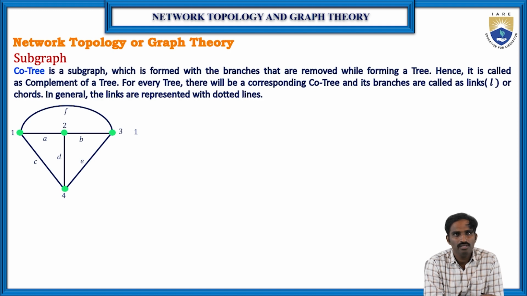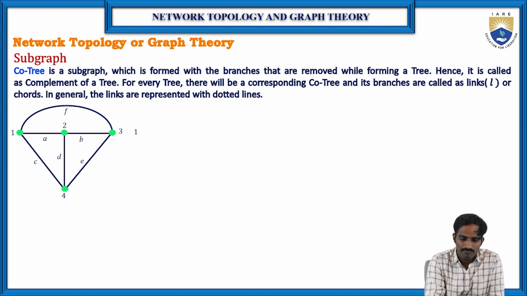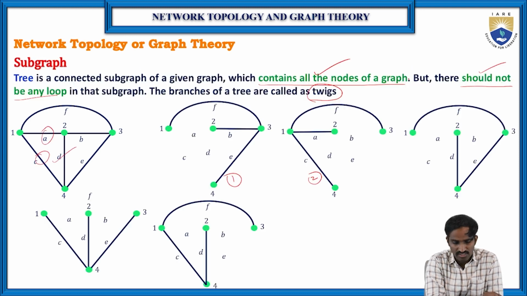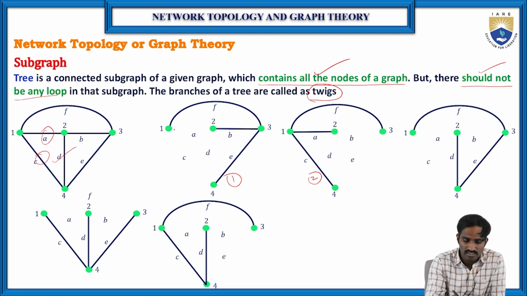Then coming to the subgraph. What is meant by subgraph is the one formed with the branches that are removed while forming a tree. Which branches were removed to form tree 1? Let me draw them with dotted lines.